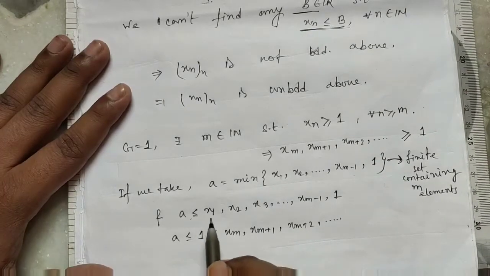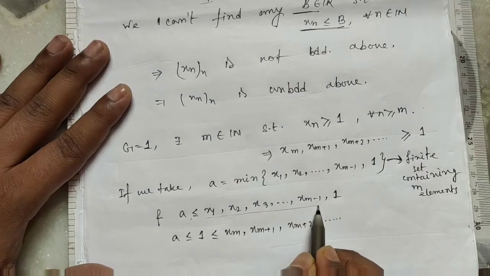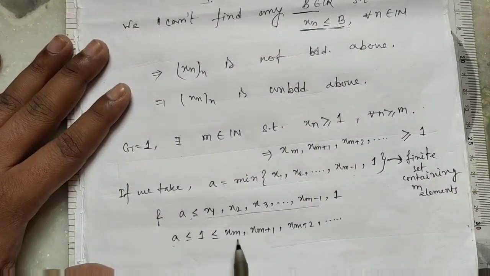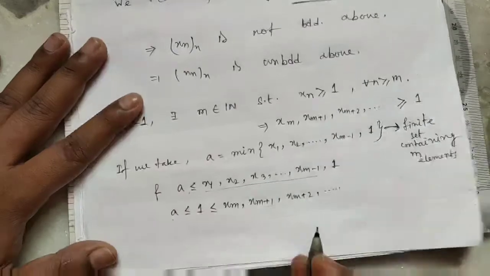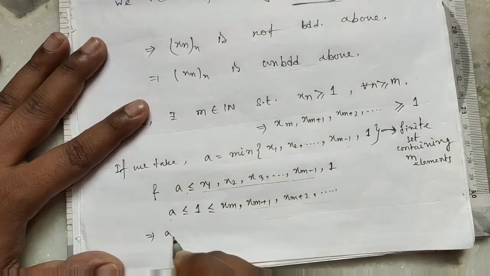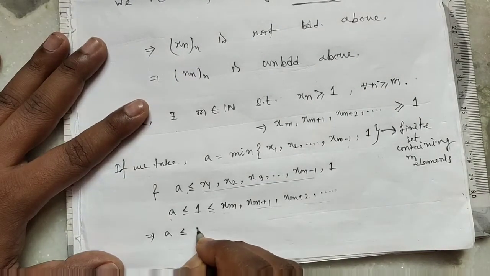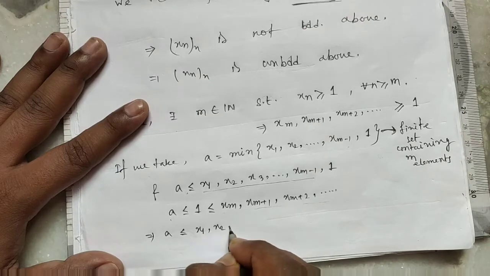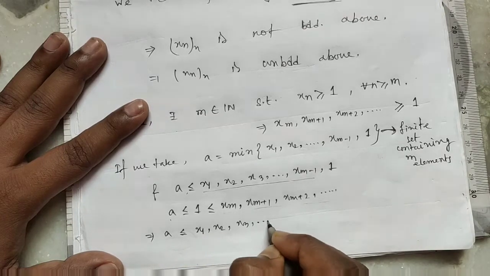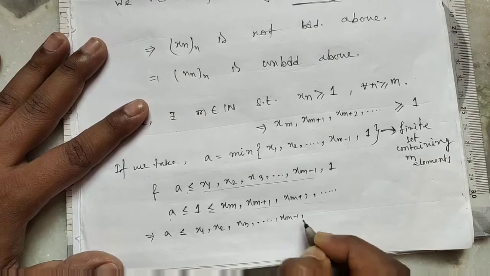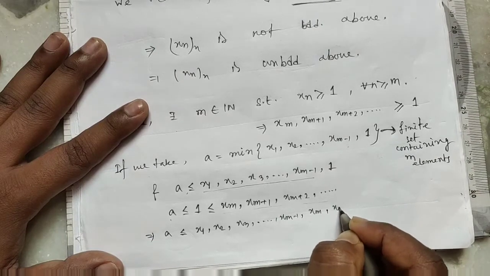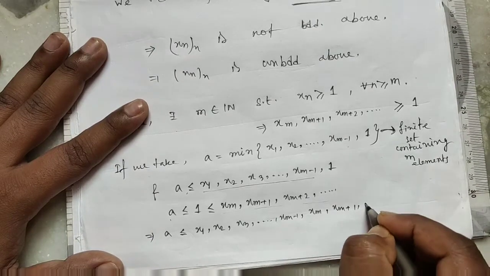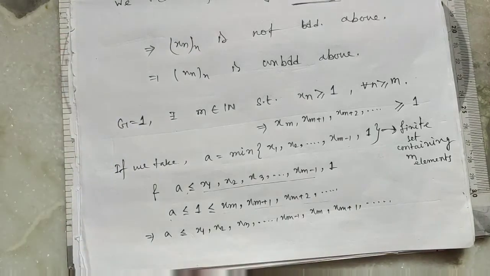So a is less than or equal to x1 to xm minus 1, also a is less than or equal to xm, and so on. Combining these we have a is less than or equal to x1, x2, x3, ..., xm minus 1, xm, xm plus 1, and so on, all terms of the sequence.